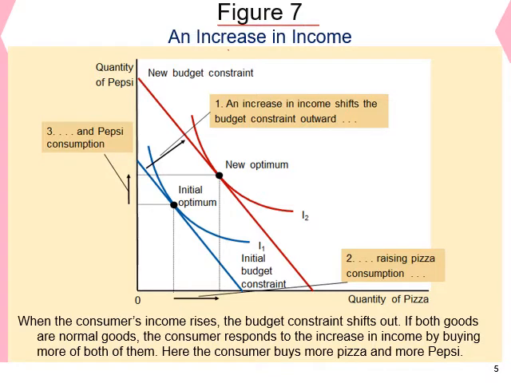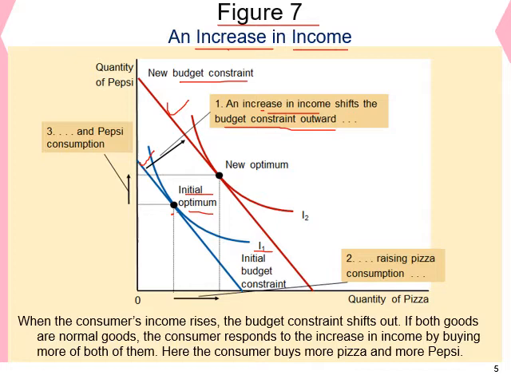Figure 7 displays an increase in income. Before the increase in income, the initial optimum is at this point where the blue budget line crosses the initial indifference curve I1. With an increase in income, the budget constraint shifts outward from the blue line to the red line, which is the new budget constraint.